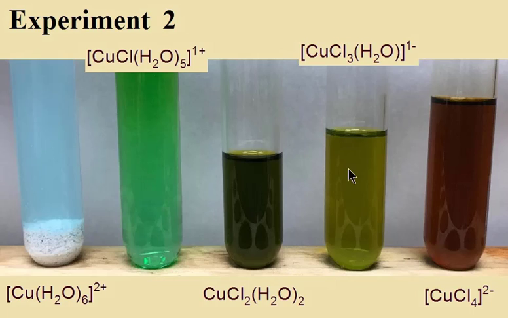I couldn't quite get it to come out, but you can see that it's trying to become less green and more yellow. And then finally, with all the water gone, that copper tetrachloride is a kind of dark orangey colour. So those are the colours you're shooting for the different complexes in this equilibrium system.